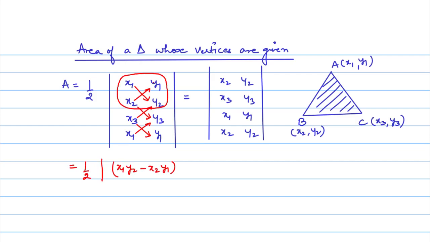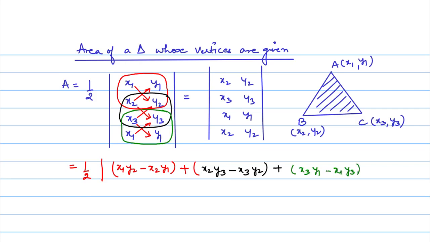Then we'll add the next bracket, this one: x2 into y3 minus x3 into y2, plus the third bracket, x3 into y1 minus x1 into y3, and mod. We'll find this value. This will give you the area of the triangle.